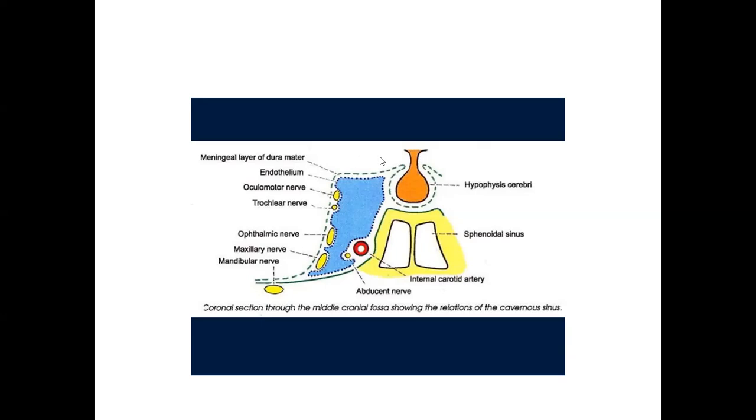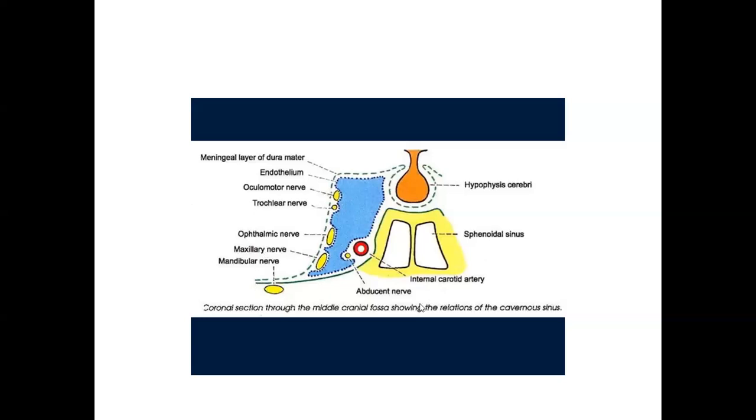Superiorly, here it will be optic chiasma and internal carotid artery, as it runs upwards and divides to produce ACA and MCA territory. Laterally it is formed by third cranial nerve, fourth cranial nerve, that is trochlear, and first part of trigeminal nerve, that is ophthalmic nerve, second part maxillary nerve, and outside of this cavernous sinus is the mandibular nerve.